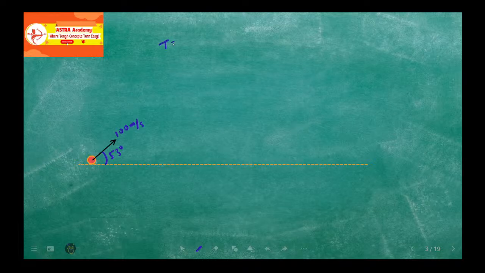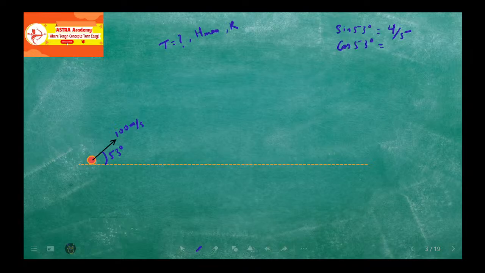Tell me time of flight, maximum height, and range. For convenience, I am giving you the value of sine 53. Sine 53 is 4 by 5, and cos 53 degree is 3 by 5, just opposite of 37, because 53 and 37 are complementary angles.